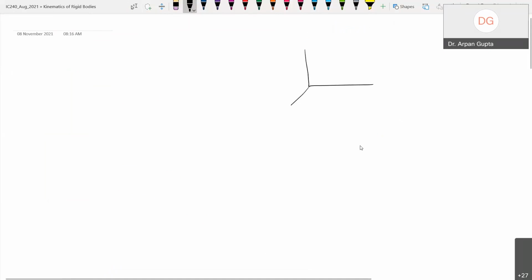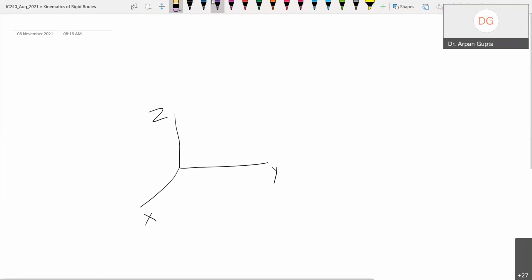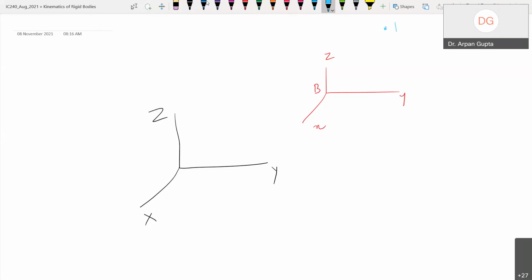So we have this capital X, Y, Z, and then we have small x, y, z with origin B, and from here we are observing a point P.